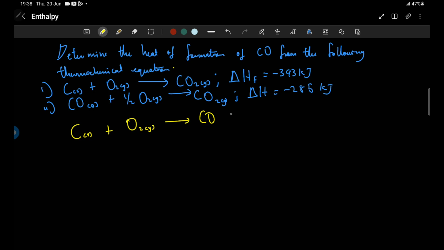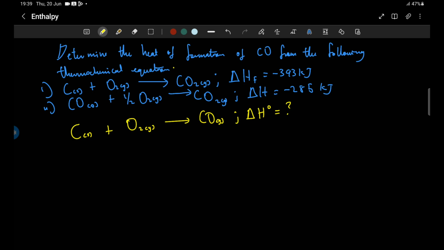And this is gas. So we're required to get the heat of formation for this. So how do we do that? How do we get that figure?